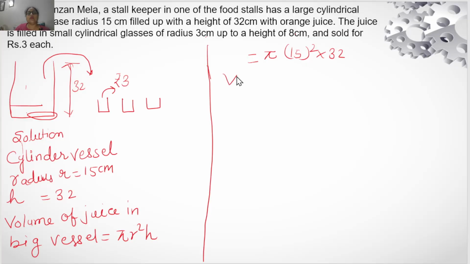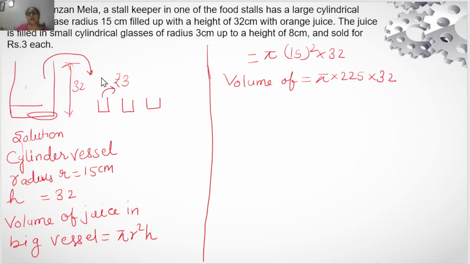So what is the volume we got? Volume of juice, pi into 225 into 32. Just solve it. Right now I am using the calculator to find it out.